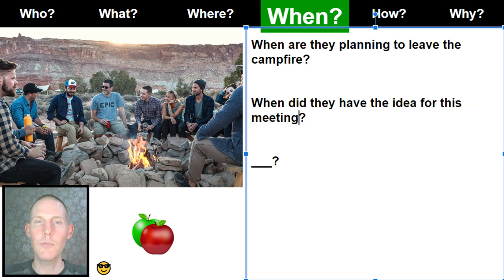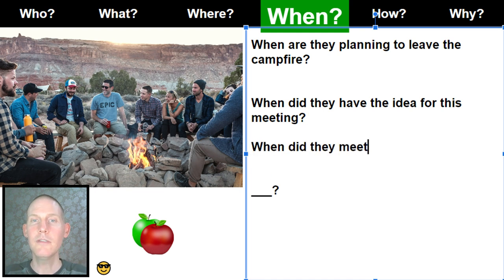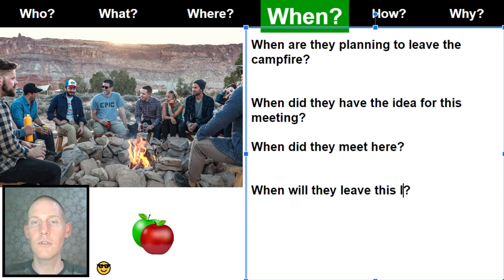Or we could say something like, when did they meet here? Right, something like that. Merve Ceylan Alp says, when will they leave there? Okay, so we could say maybe when will they leave this location? Right, okay.